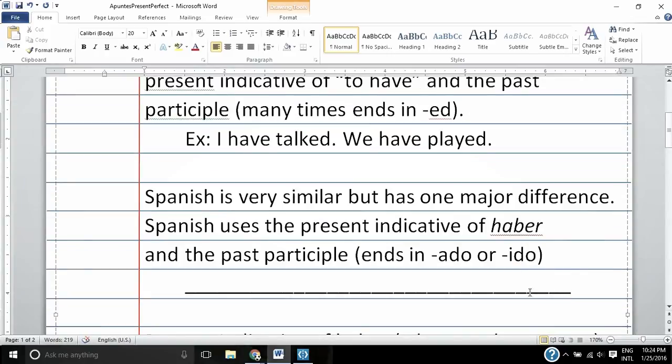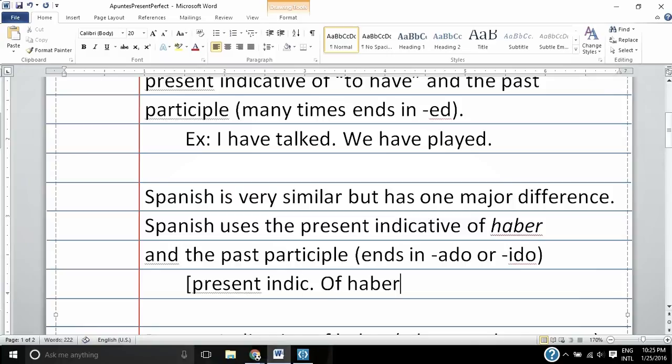So that gives us a little formula that I'll write right here, which would be present indicative of haber plus the past participle. And that's what we're going to use to make the present perfect indicative.